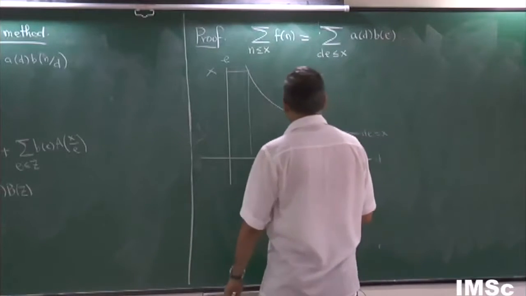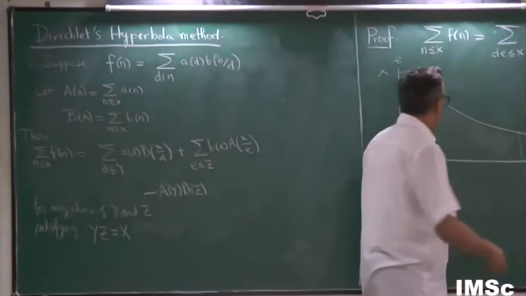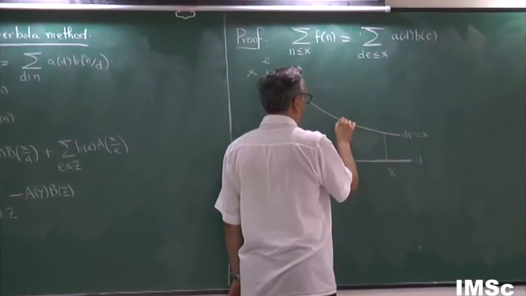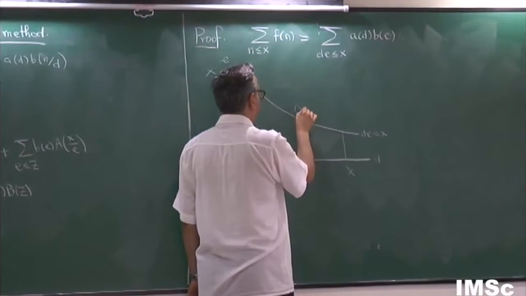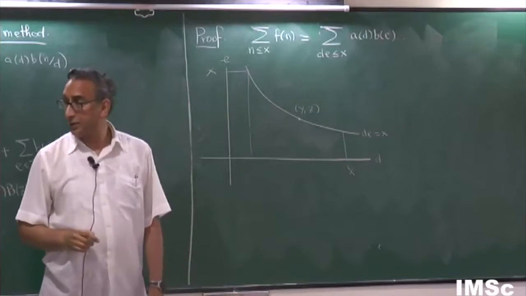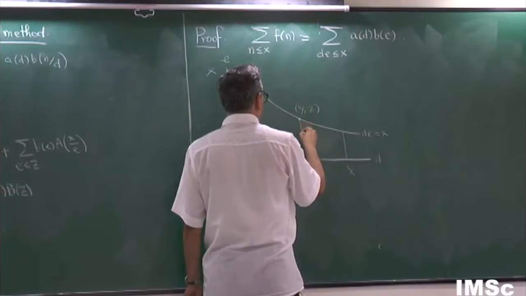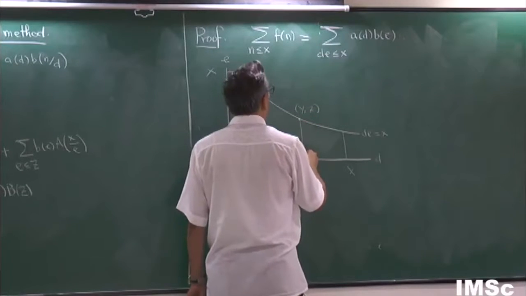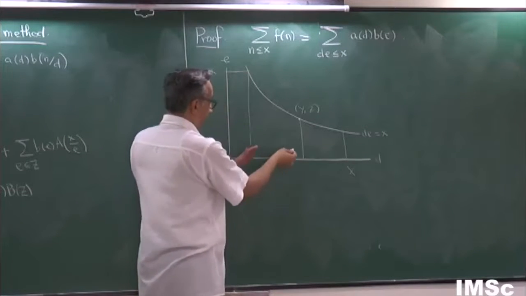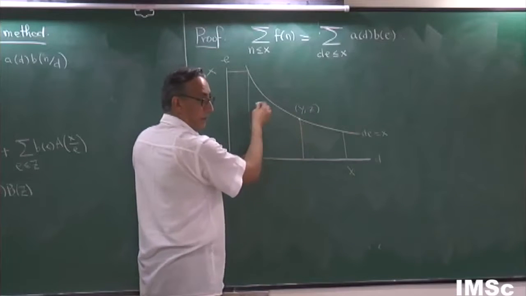Well, y times z is equal to x. Therefore, there is a certain particular point y, z on the curve. And so in this calculation, all the lattice points with d less than y appear here, in this region.